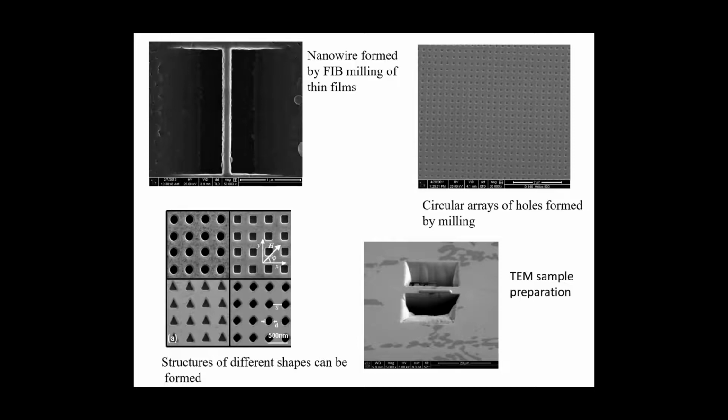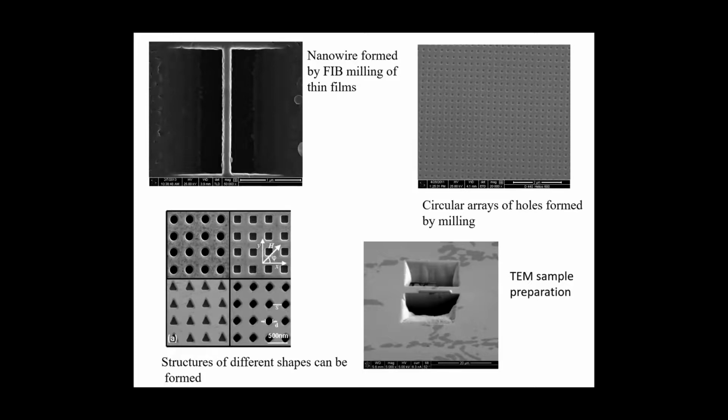We deposited a film over silicon, basically silicon oxide coated silicon, and then started milling it. You can see the milling has been done, and only a thin strip of the film exists in a line, which is below 100 nanometer.